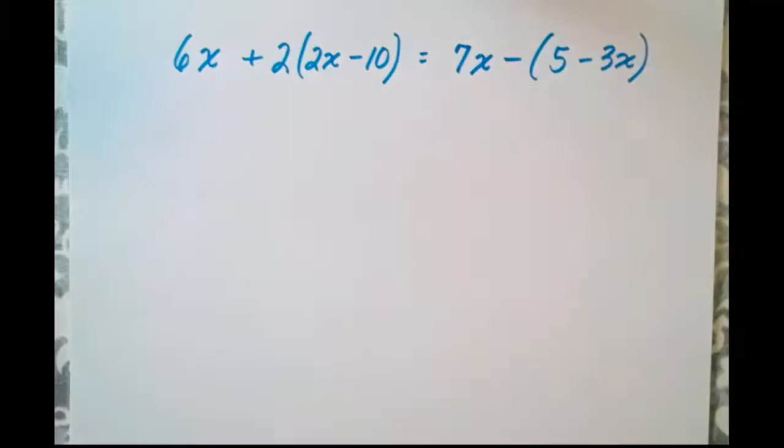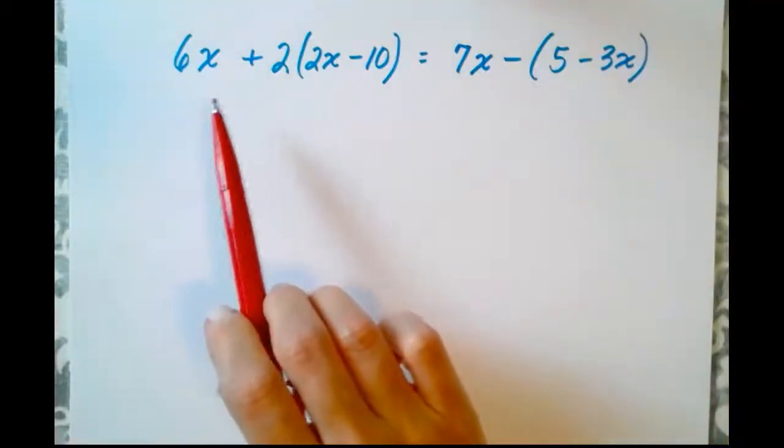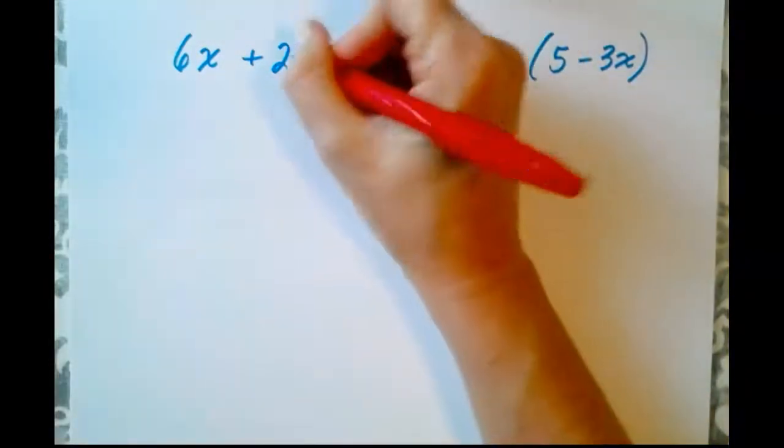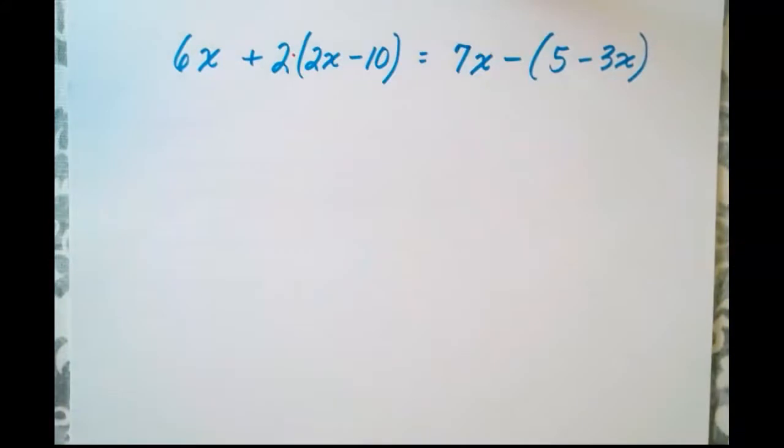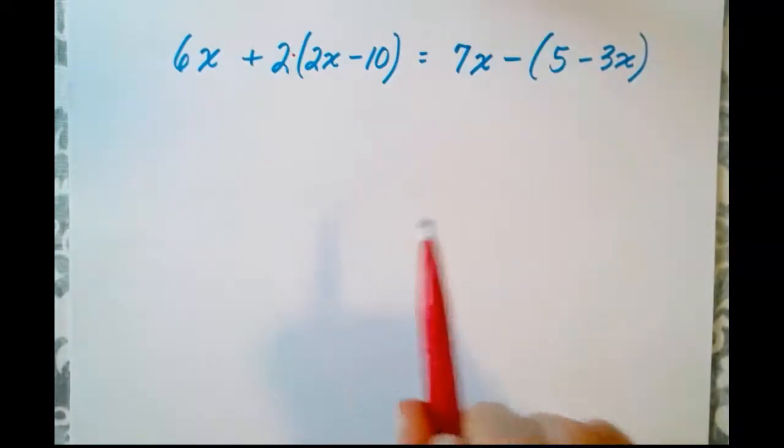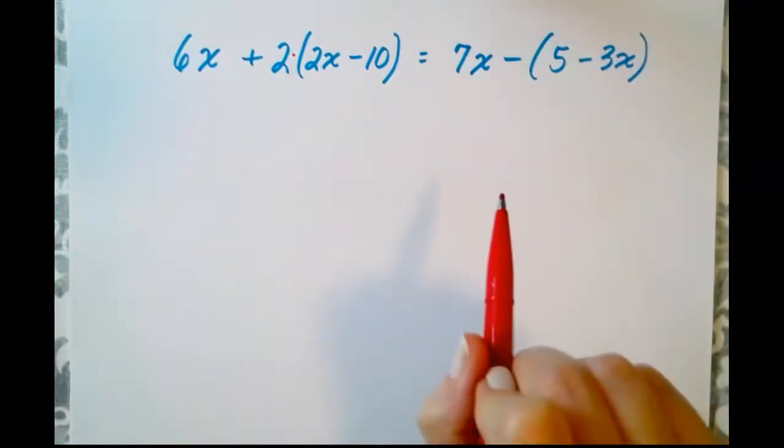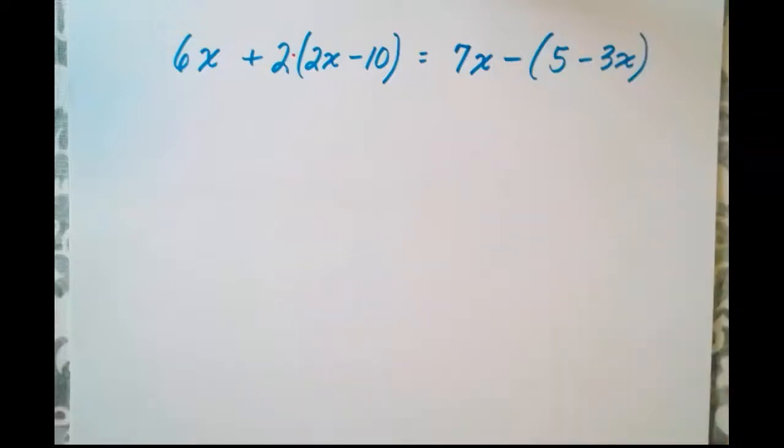So here we've got 6x plus 2 times (2x minus 10) equals 7x minus (5 minus 3x). Now, this equation, we've got to do some work first.